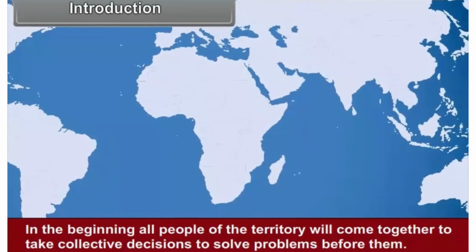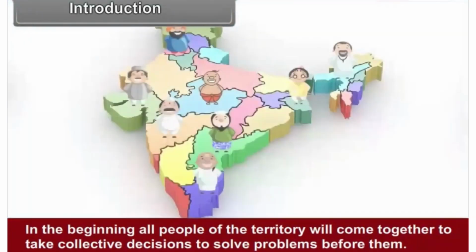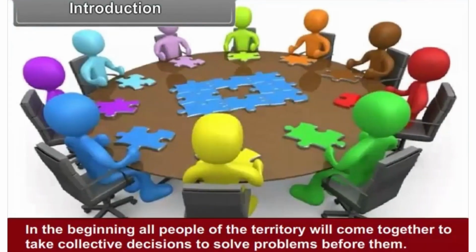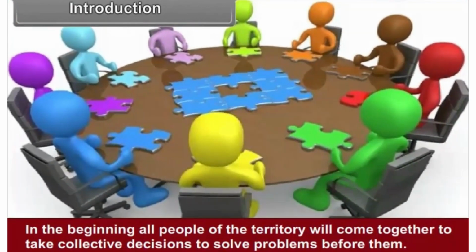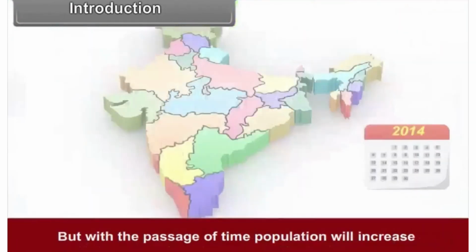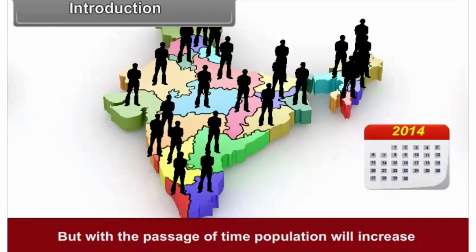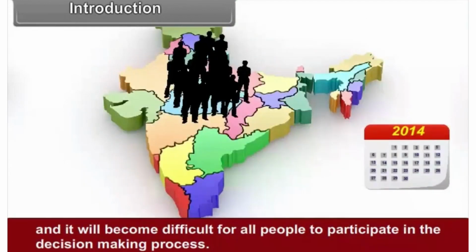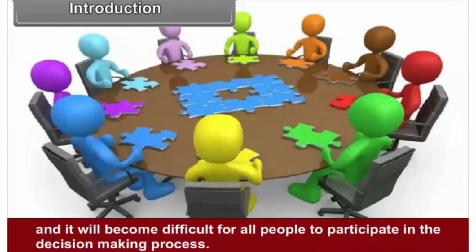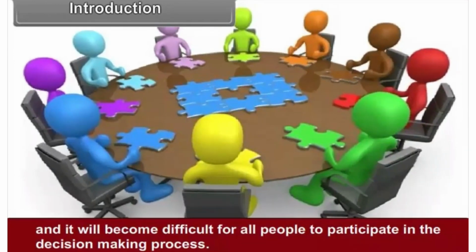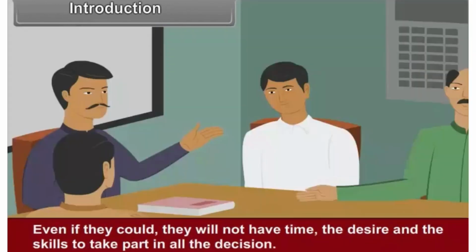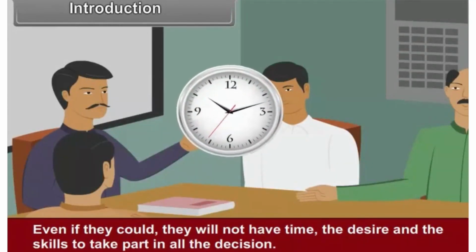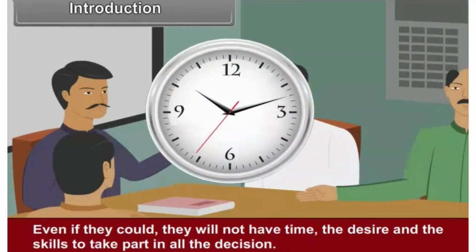In the beginning, all people of the territory will come together to take collective decisions to solve the problems before them. But with the passage of time, the population will increase and it will become difficult for all people to participate in the decision-making process. Even if they could, they will not have the time, the desire and the skills to take part in all the decisions.